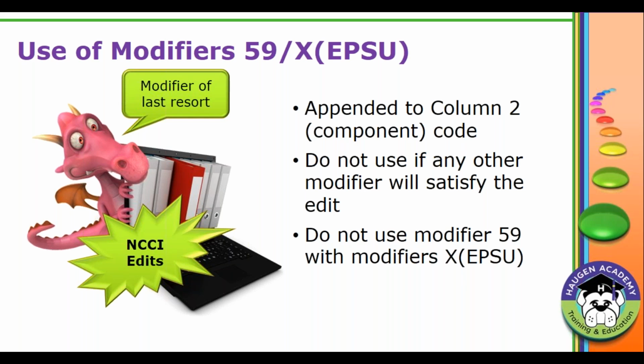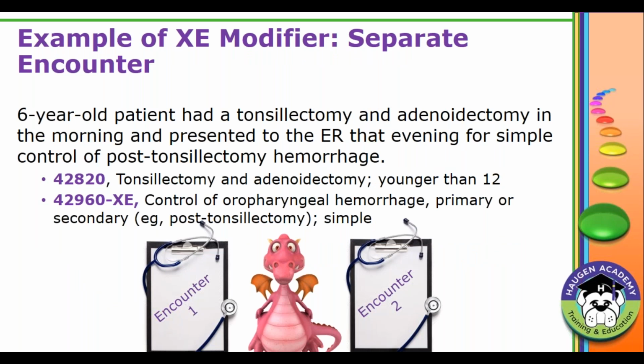Looking at the individual modifiers, let's look at examples of how to use the X modifiers. If you aren't using X modifiers, then all of these examples that I'm about to give you would use modifier 59 instead. But I think the X modifiers are harder to understand. So the XE modifier is a separate encounter.